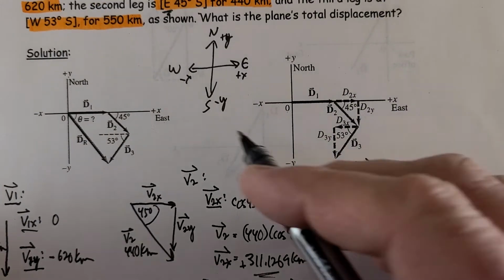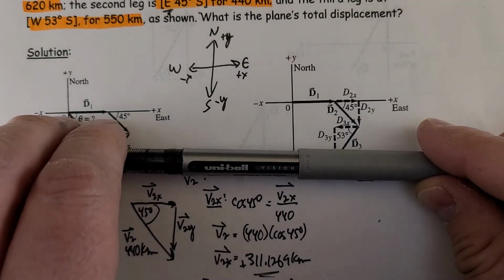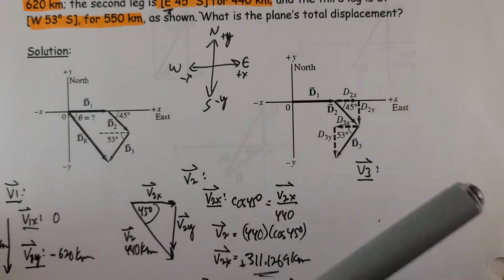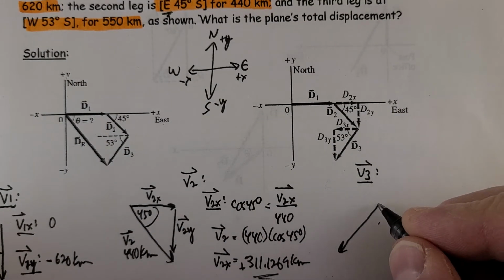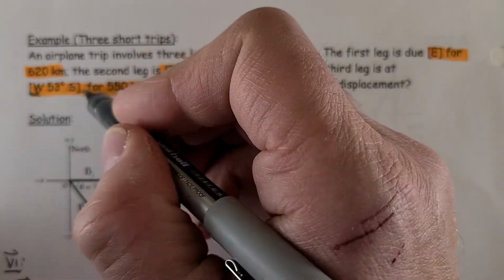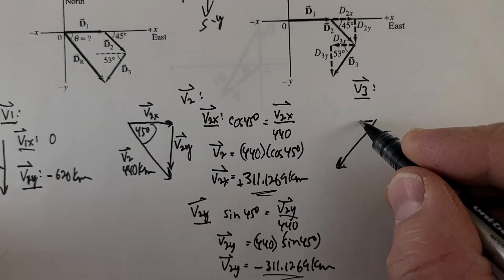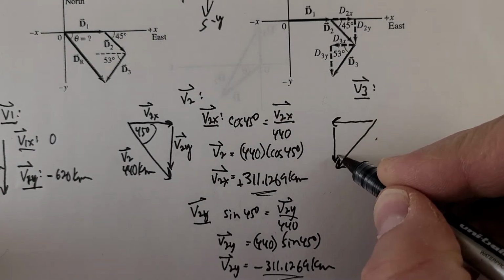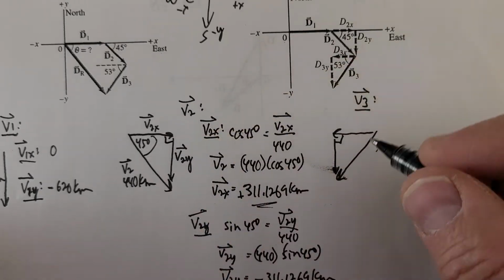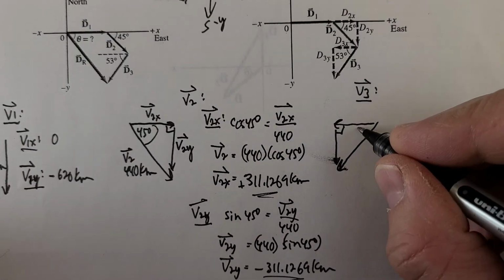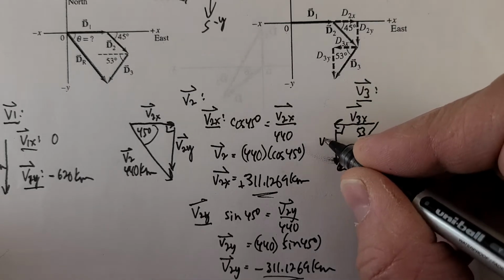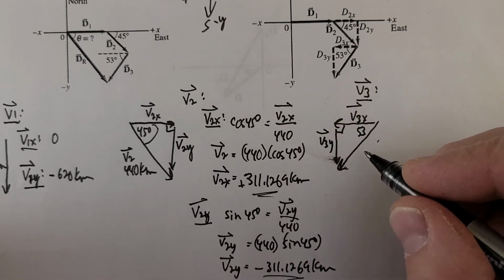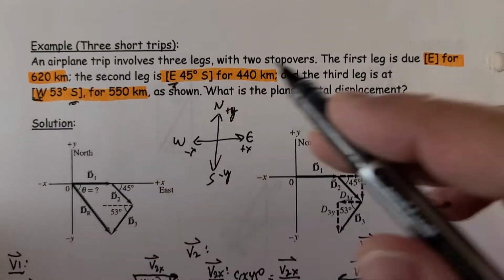And then V3, we're going west, south, so it's pointing this way. And of course the two components, west and south. West and south. And that angle is 53. So here's my V3x and my V3y. And of course this was 550.